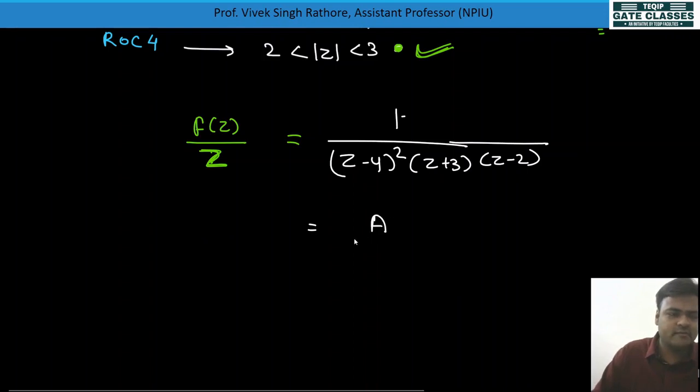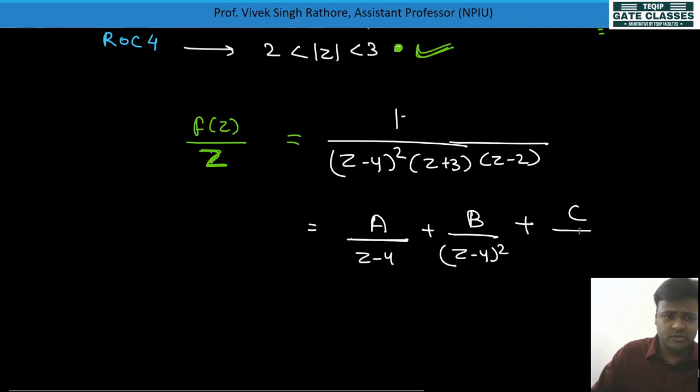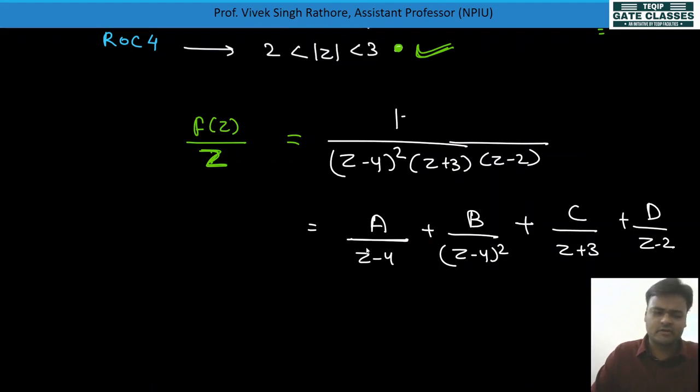Let's suppose a coefficient is there, z minus 4 plus the squared term is there, so b by (z minus 4) squared, plus c by (z plus 3) and d by (z minus 2). As you know, taking out the coefficient is easy. We just need to cancel out this value.